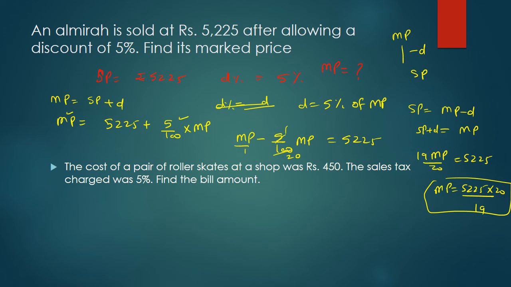Divide 5225 by 19. Just bear with me, I'm using a calculator just to do the calculation fast. 5225 divided by 19, you get 275.